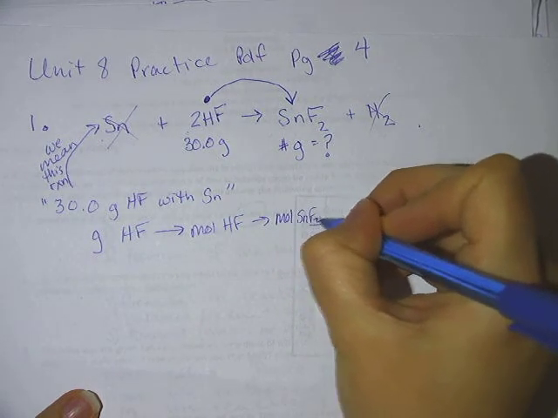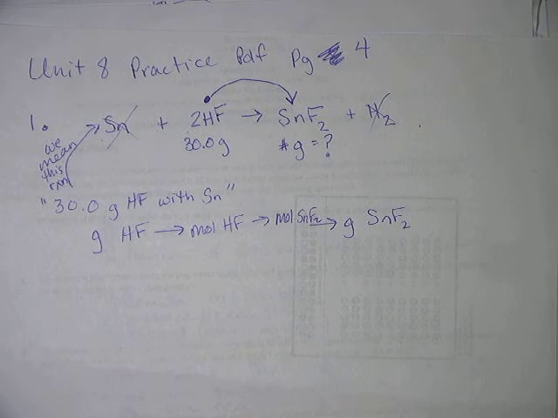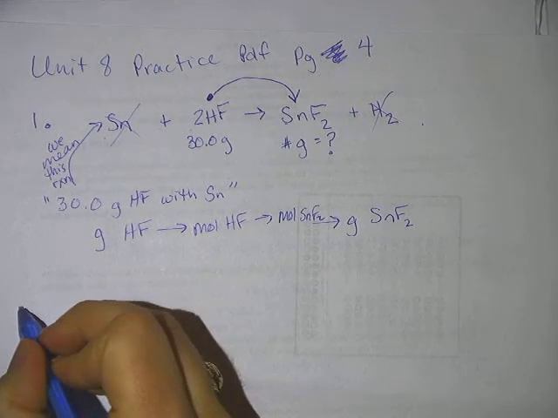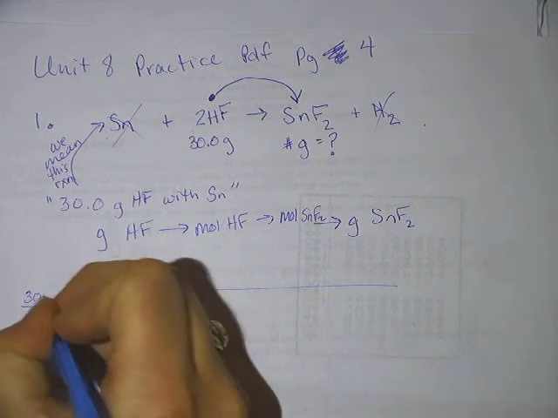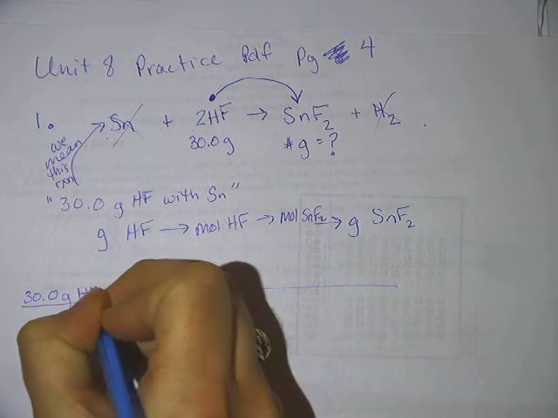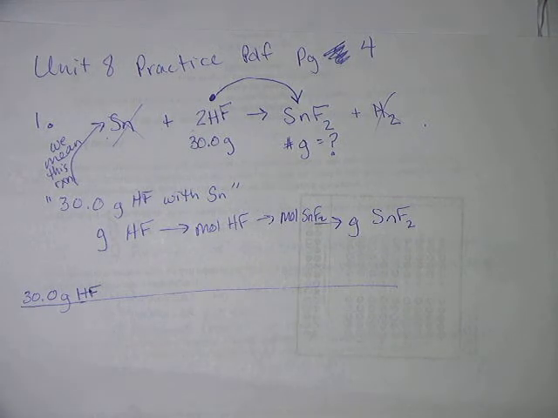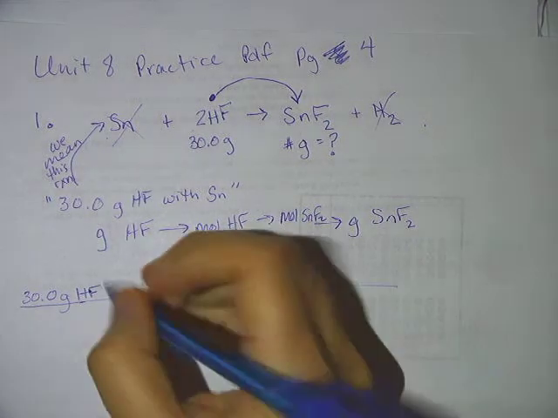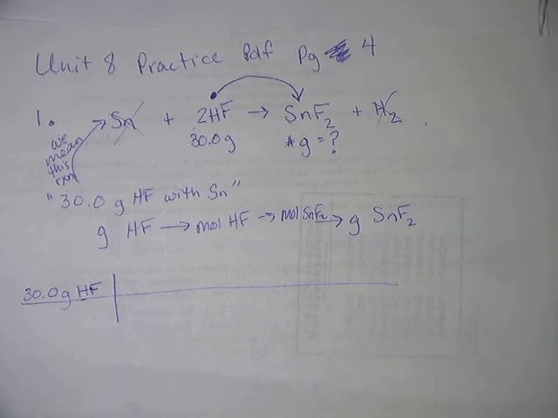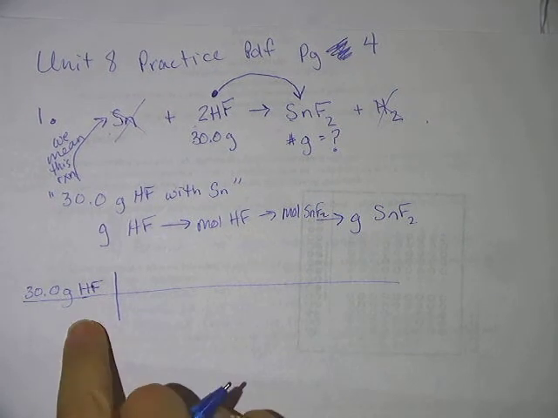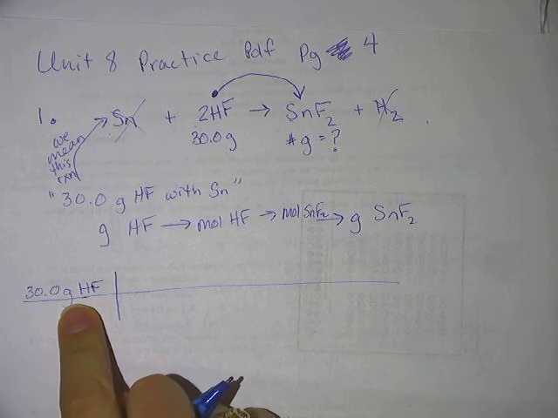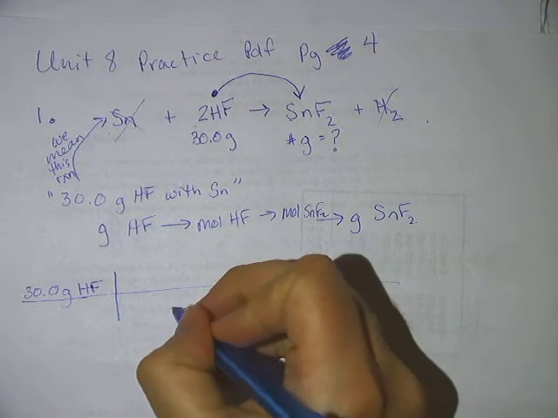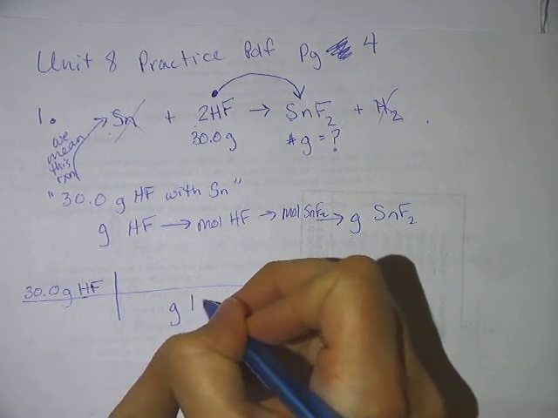So we're going to start with the 30.0 grams of HF that they gave us. And if we have grams of HF on top, where else do we need to write grams of HF to cancel them out? Yeah, the bottom, the diagonal. What goes up must come down.